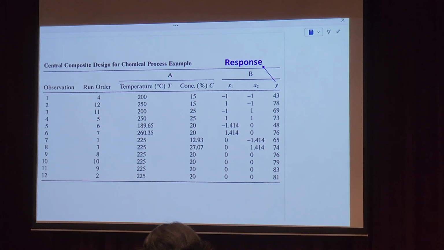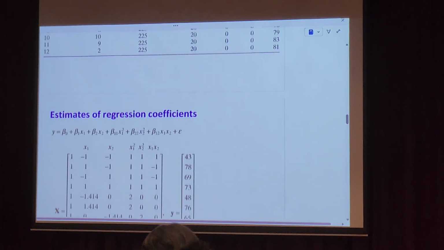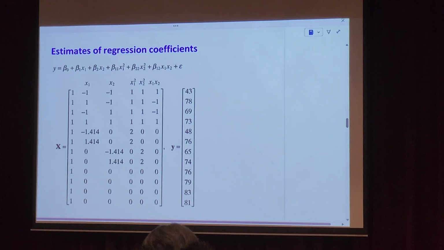Now, how do we estimate? We have a model, and we want to fit this. We have this data collected, and we want to fit a model so that we can construct this response surface.